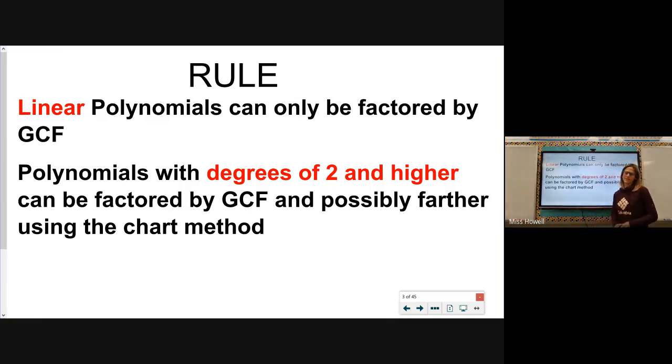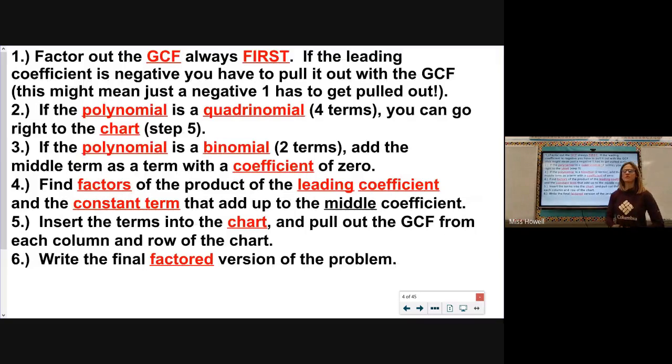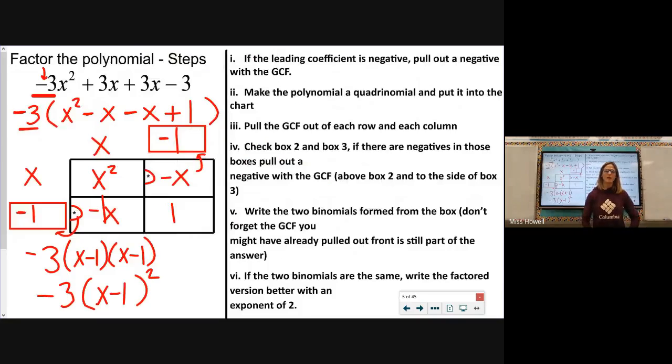So our goal for today is to continue working with, what if I'm presented with a trinomial, something that has 3 terms? We should be at the point where we understand if we have 4 terms, like this problem here, a quadrinomial, a polynomial with 4 terms, we look for our GCF first. If this leading coefficient is negative, please remember a negative has to get pulled out in front as the GCF, even if that means all we pull out is a negative or a -1.